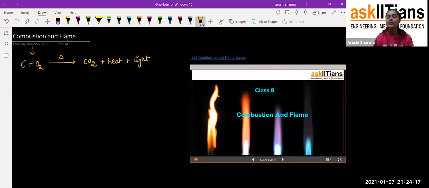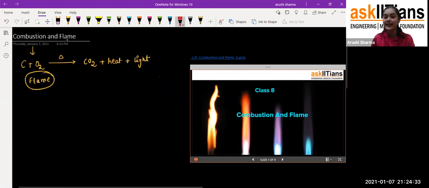Okay, now if we talk about flame, in the last class we discussed that flame is one of the visible parts of the fire which we come to see. We took the example of a candle, and we studied its structure as well, that the flame has three parts: one is the outermost zone, one is the middle, and one is the innermost.